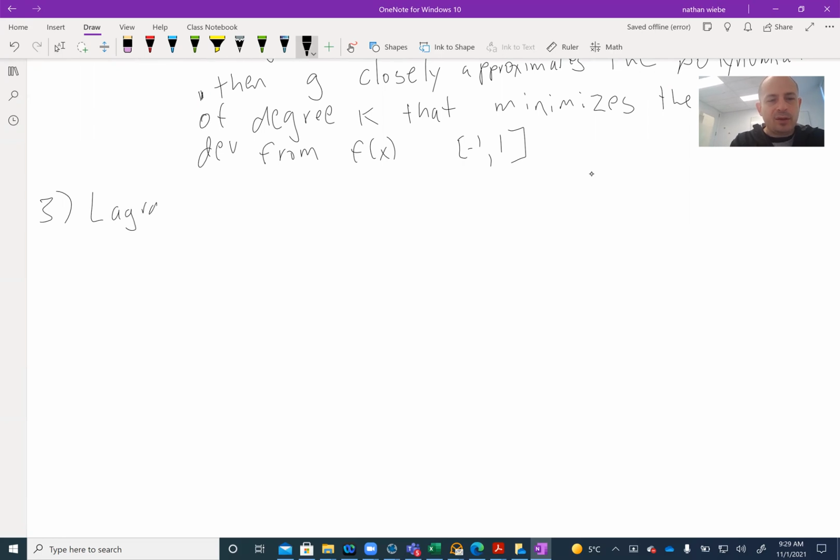Another one that can be of value is Lagrange polynomials, and the basic idea here is that if we have some sort of a data set and we want to find, say, a degree 3 polynomial that goes through all of these points, the Lagrange interpolatory polynomial is the polynomial of degree k that goes through k+1 points, such that at each of these interpolation points, the error is precisely 0.